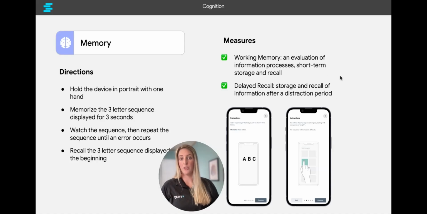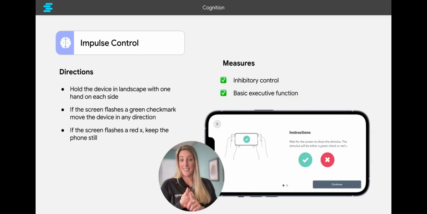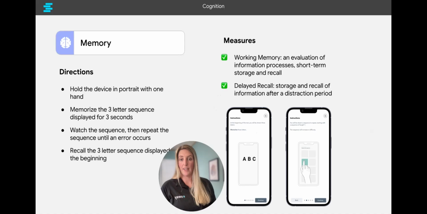And they'll receive a memory score based on a 0 to 100 scale, 100 being the best. And I didn't mention before, all of our other modules, the t-test, reaction time, impulse control, those are scored in milliseconds. So the faster you go, the better or higher percentile score you'll see.